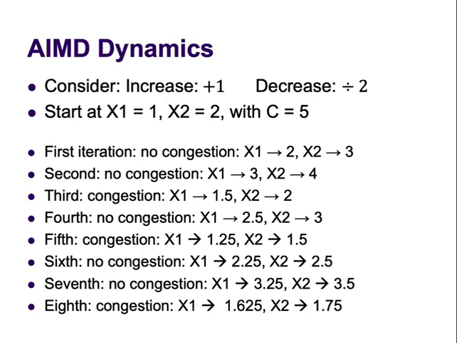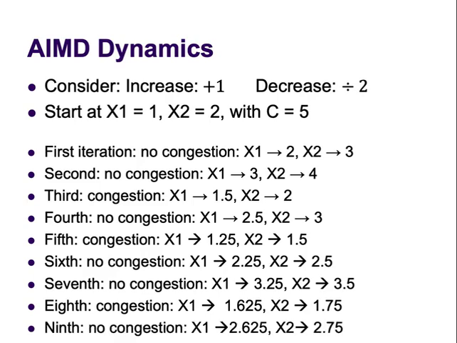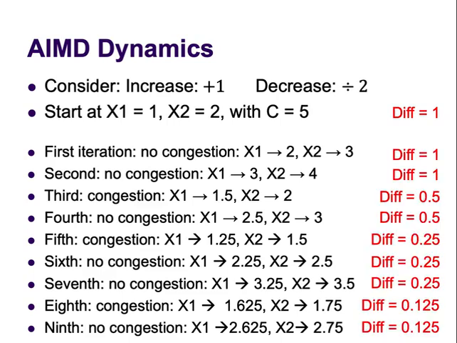What you're going to find, if you look at the difference between x1 and x2, is that we started out with x1 being half, or 1 off from x2. As you continue to proceed, you're going to see that the difference drops over time. Just like the other schemes, we are oscillating above and below the efficiency line, but now the gap between x1 and x2 is shrinking.